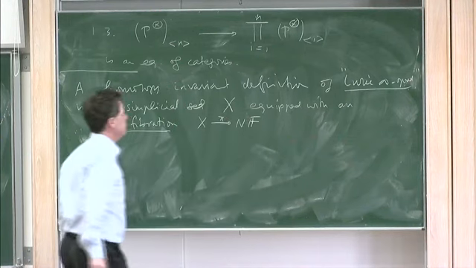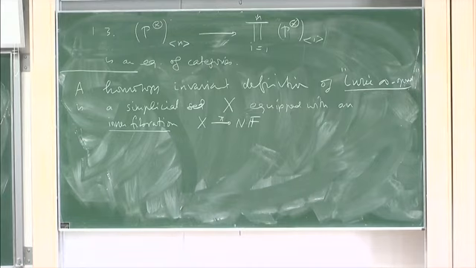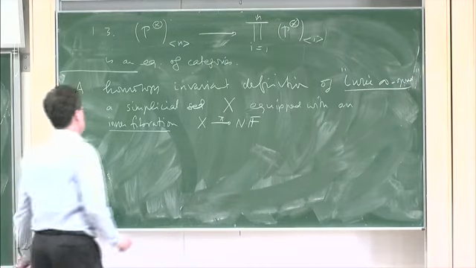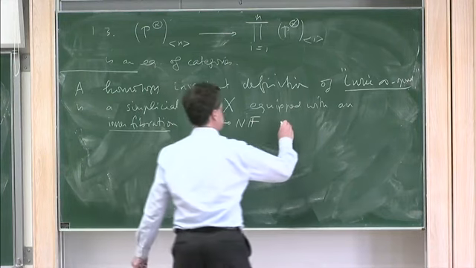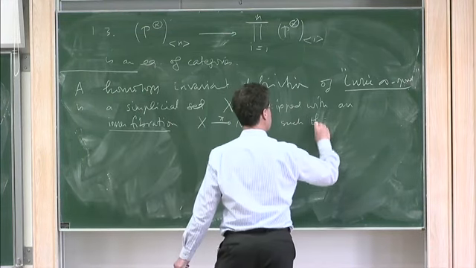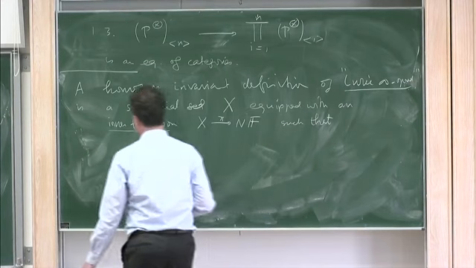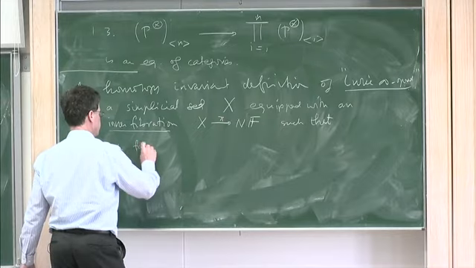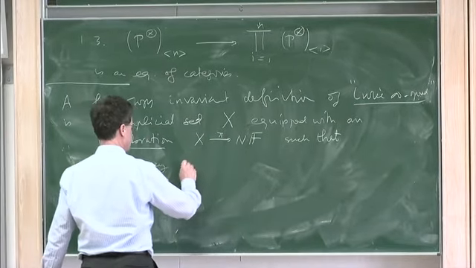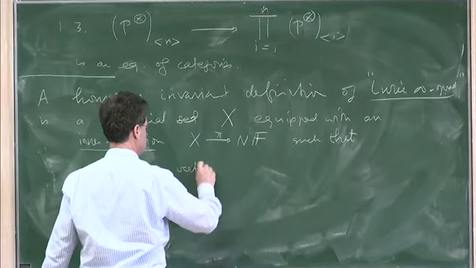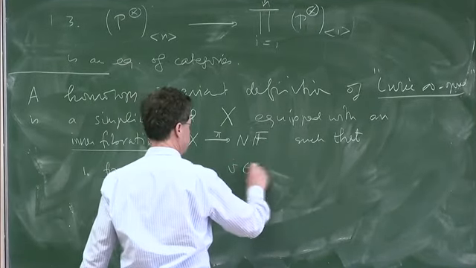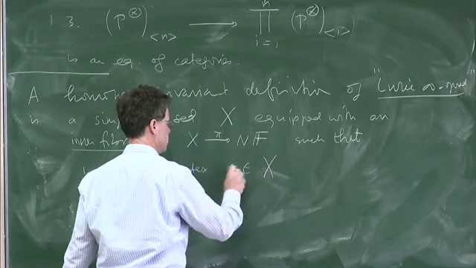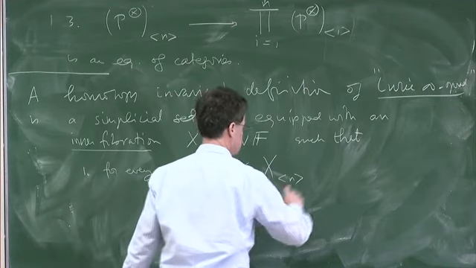Again, call it pi. So this implies that X is also an infinity category, such that, one, for every vertex C in X_n.